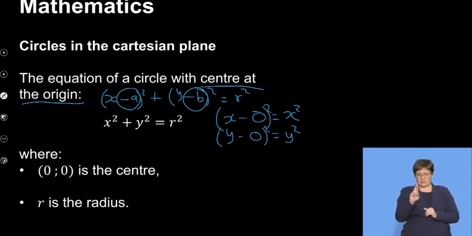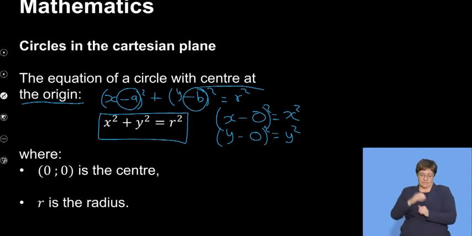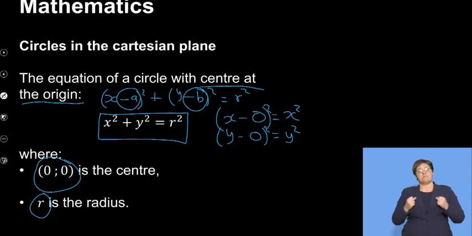The radius does not change. So this is the same as x squared plus y squared equals r squared. Our center is (0, 0), and r is still the radius.